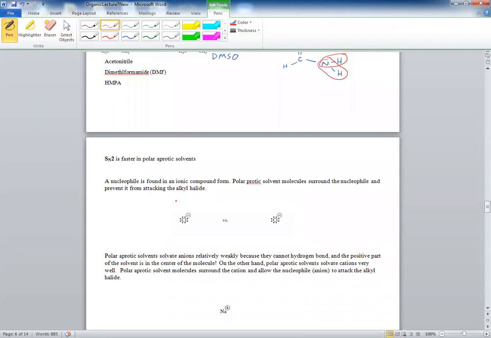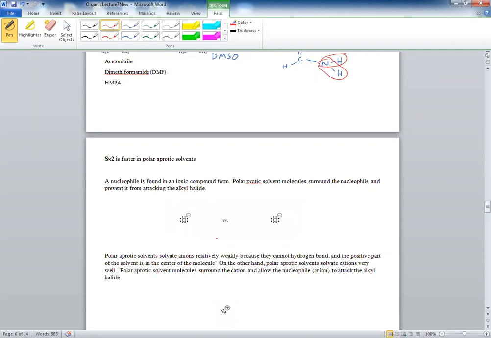So as we said, it's faster. The reason why is because Cl as a nucleophile needs to be free to attack. Otherwise, what's the point of the nucleophilic substitution reaction if the nucleophile is unwilling to attack? So you have to make it freer to attack.